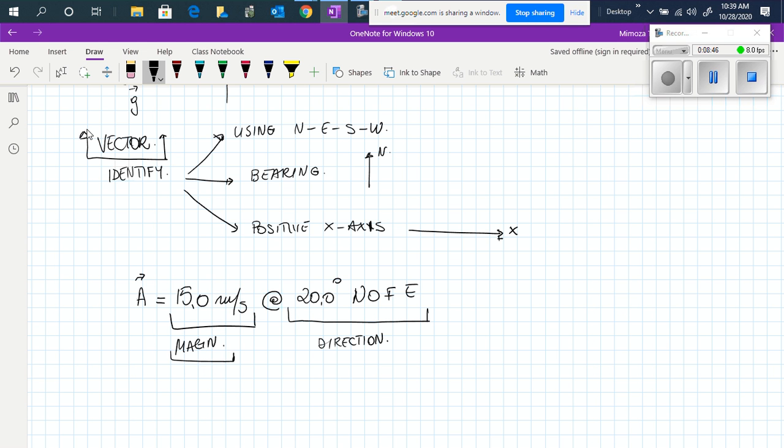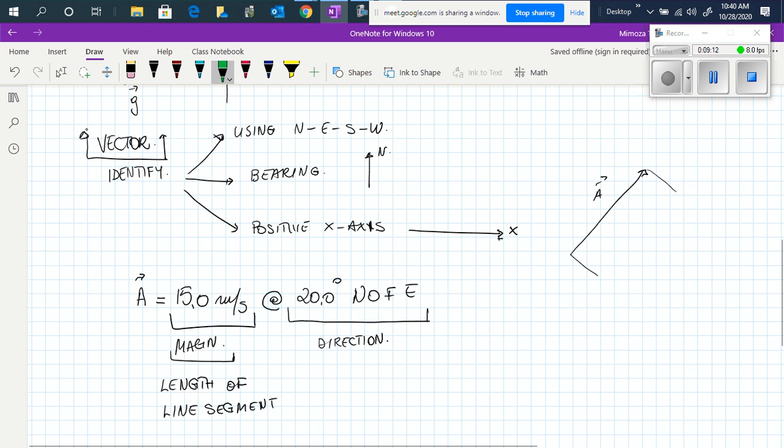So what the magnitude represents is the length of the line segment that graphically represents the vector. If this is vector A, then the length of the line segment here represents the magnitude of the vector.